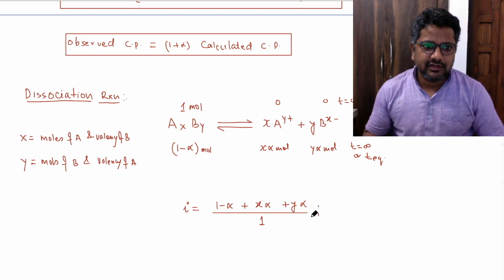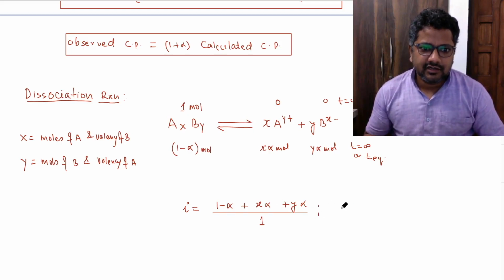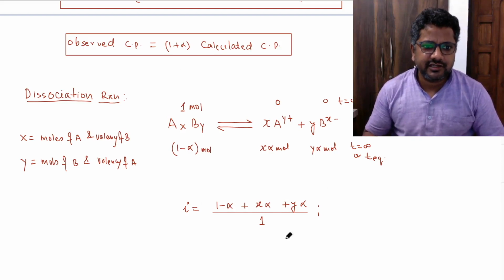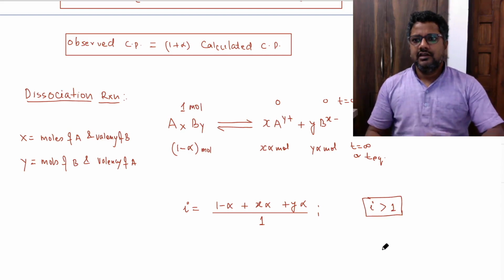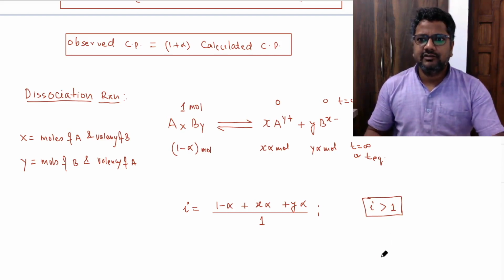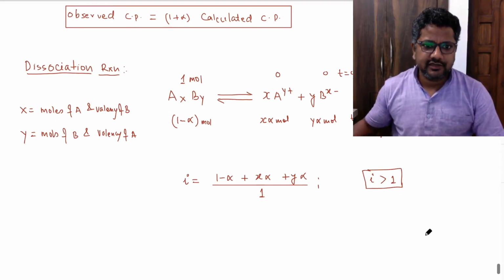So what can you write? For a dissociation reaction, i is always greater than 1. Because after dissociation, you get a greater number of moles compared to the initial moles taken, right?